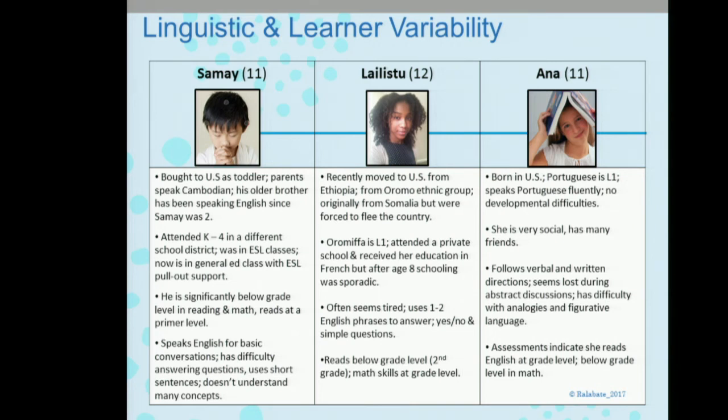Their capabilities, the characteristics you'd see in that student, what their learner variability might look like. Okay? One or two.